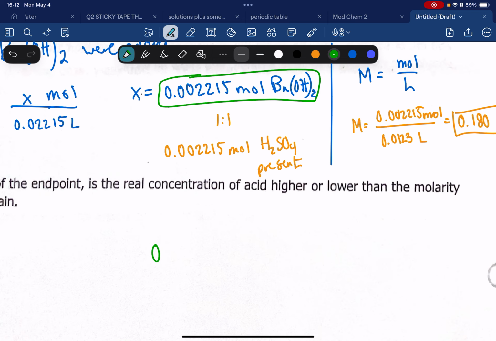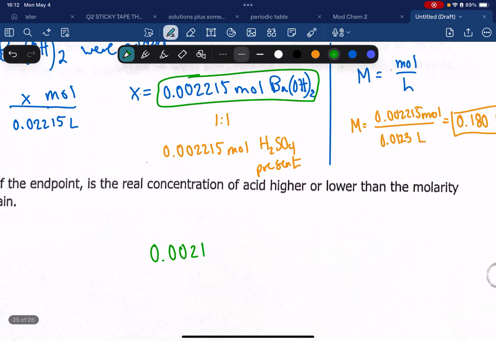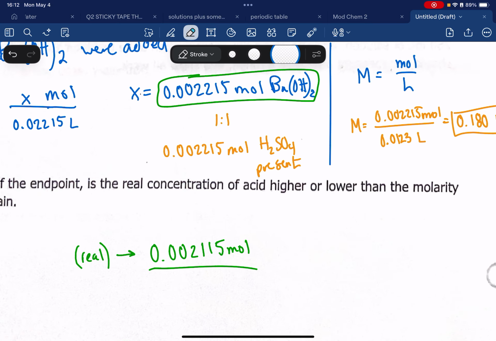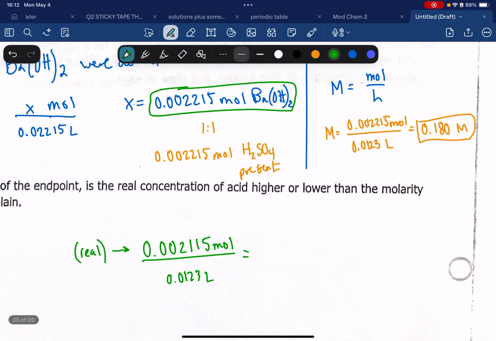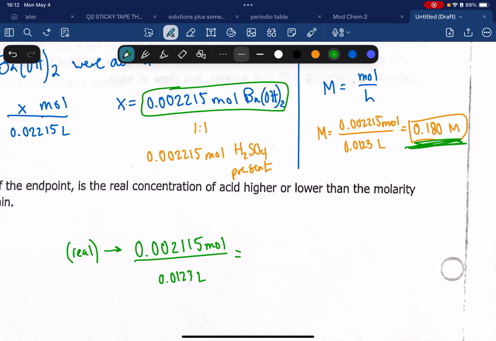Let's make up a number and say it's 0.002115. Let's pretend that that's the real number. You can see that if we divide that by the 0.0123 liters, this is going to give us not 0.180.